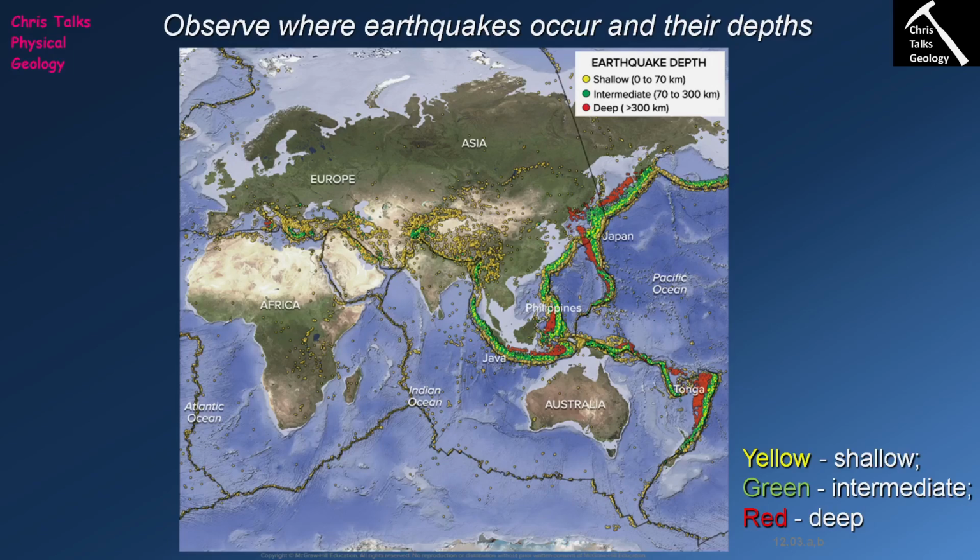So this means that as your piece of oceanic crust goes down into the mantle and metamorphoses to produce new minerals, the new minerals that are being produced take up less space than the original minerals that made up the oceanic crust. And so, for want of a better way of describing it, your piece of oceanic crust is getting thinner because the minerals are changing. This change in the mineralogy obviously changes the dimensions of your piece of oceanic crust as it subducts, but it also means you're essentially going to open up some empty space.